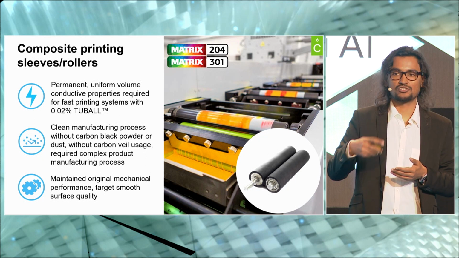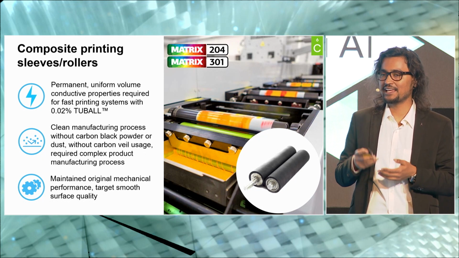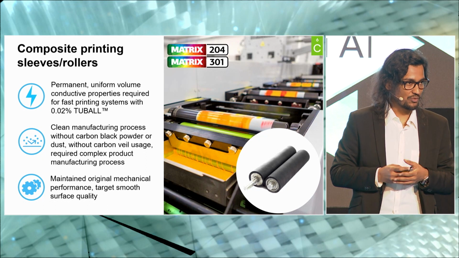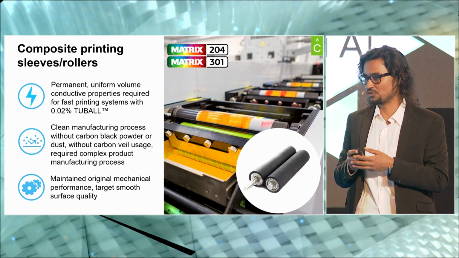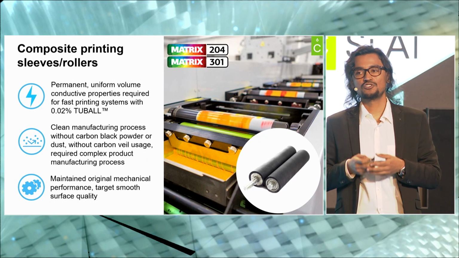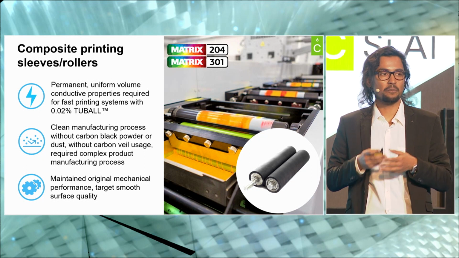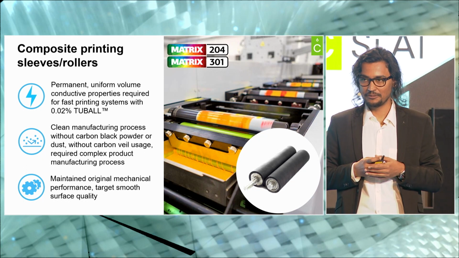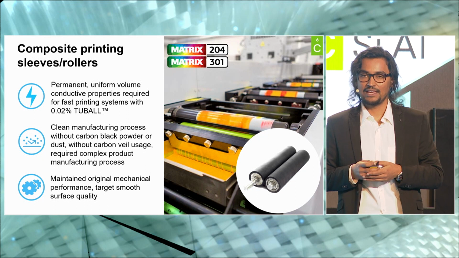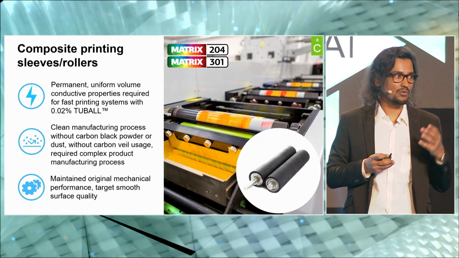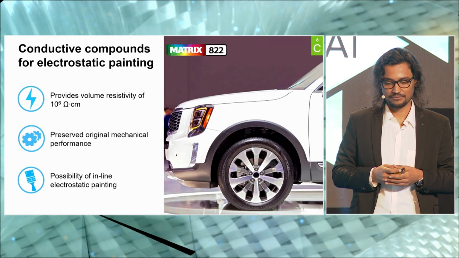These printing rollers roll at an extremely high speed, and it's more and more important right now to have these rollers as conductive. With our nanotubes, it's possible to make extremely conductive rollers in a clean production and at the same time have color also on the surface.